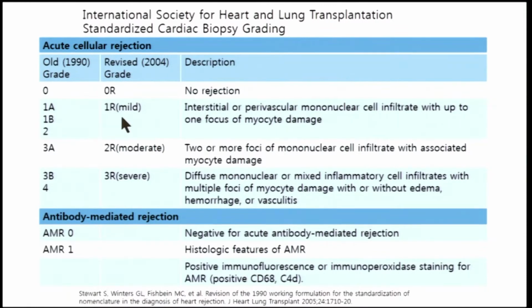So 3A is exactly equal to 2R. For example, I personally still use the original classification so that the clinician can understand, because if I say just 1R, it may be grade 2 from the original classification or 1A from the original classification. So I think it is better for the clinician to describe the original classification.